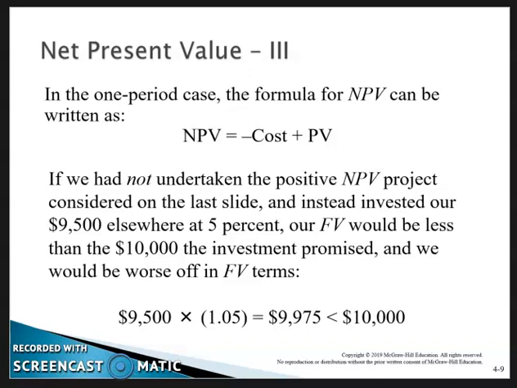So look down here. The future value of our $9,500 invested at 5%, multiplied by 1.05, is $9,975, which is less than $10,000. So we would actually be worse off had we chosen not to invest in that project, which is a decision that many corporations will make. They have to decide which is going to be the most valuable for the firm. That's the purpose of much of the analysis we'll do, especially in Chapter 5.